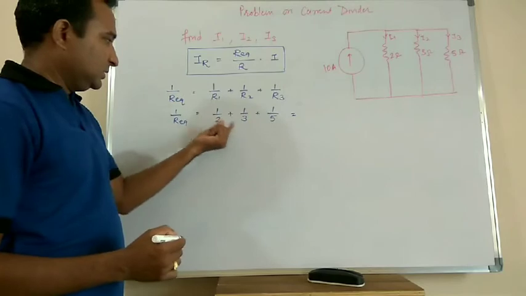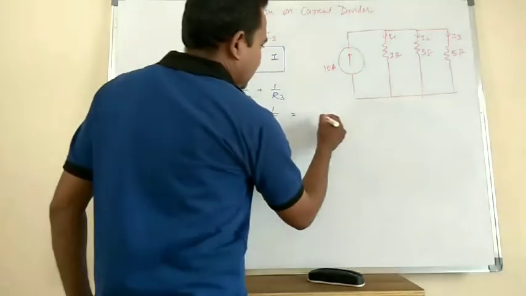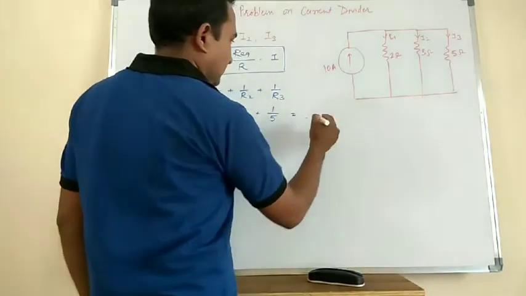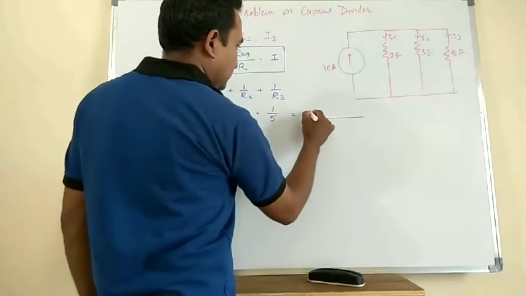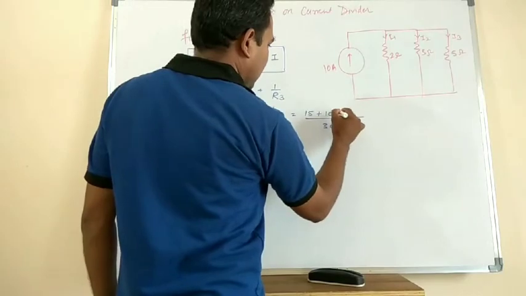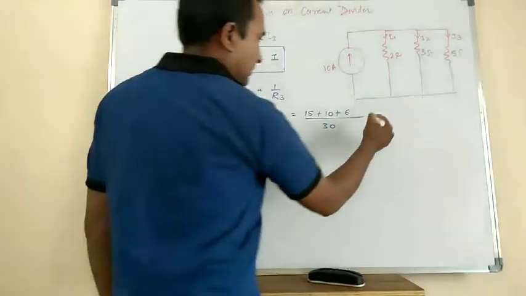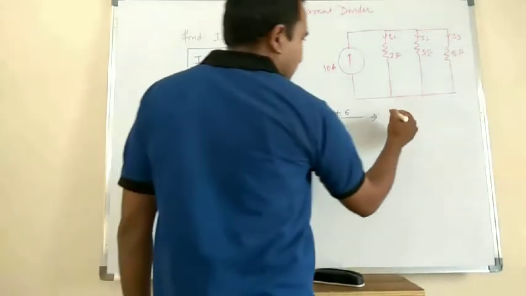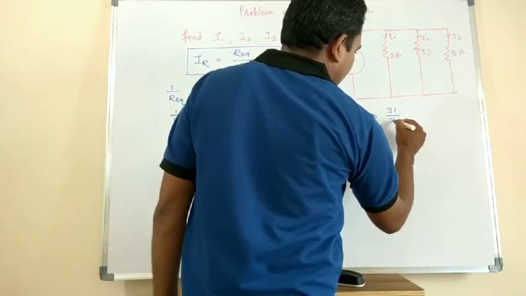LCM of 2, 3, 5 is 30. So it is 15 plus 10 plus 6, which is 31 divided by 30.